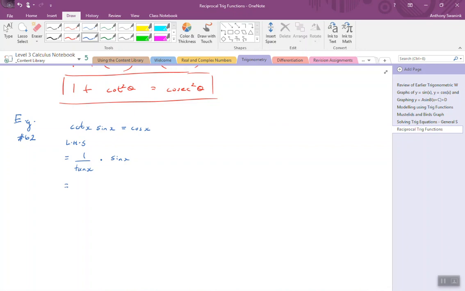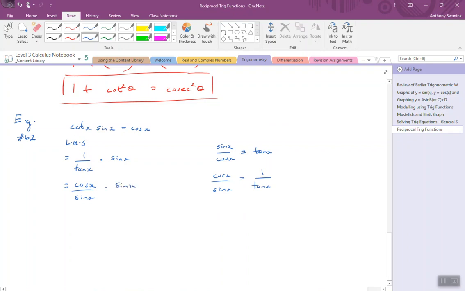And 1 over that would be the reciprocal of that. So just a reminder, sine x over cos x would equal tan x. So 1 over tan x would be the reciprocal of this, cos x over sine x here. So I'm going to replace that 1 over tan with that, cos x over sine x times the sine x. We're just carrying that down.